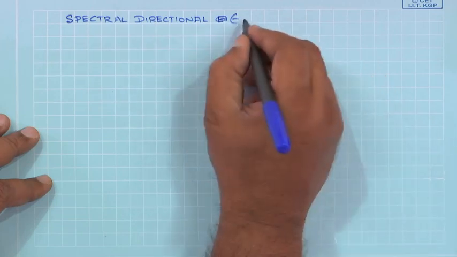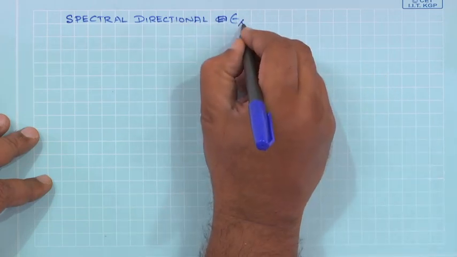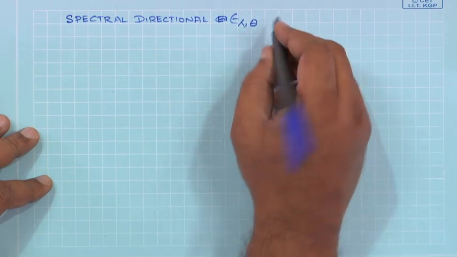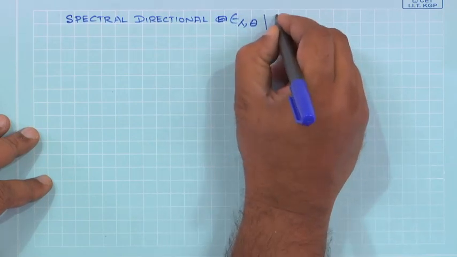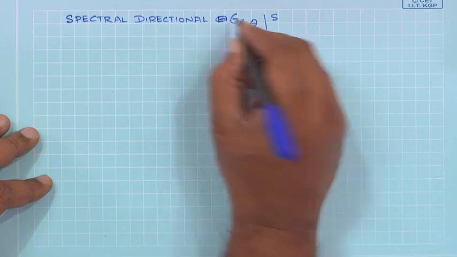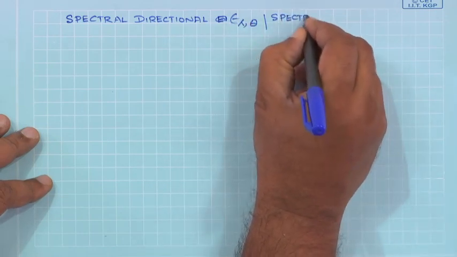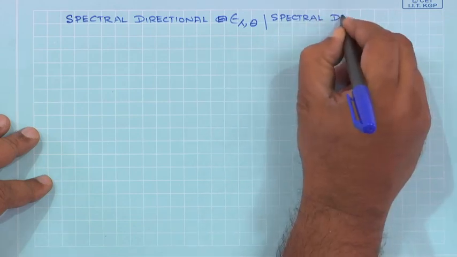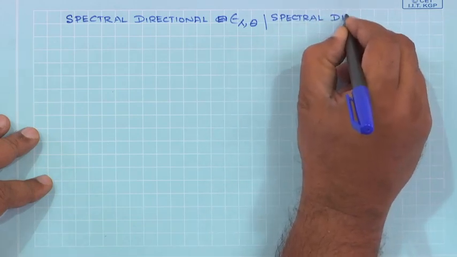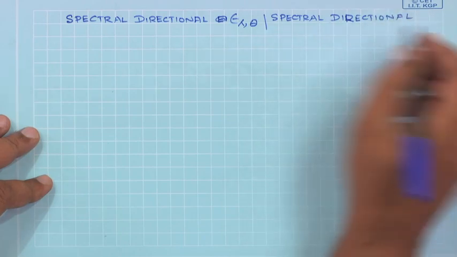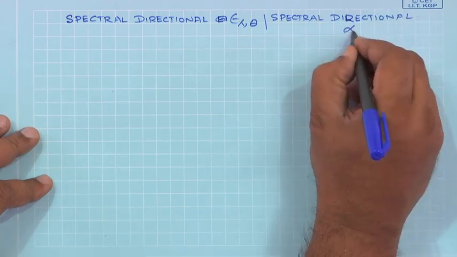I will call it as simply emissivity, since it is spectral and it is directional. So, lambda and theta are given, and these two subscripts must appear with emissivity, and the other one is spectral directional absorptivity, which is alpha.